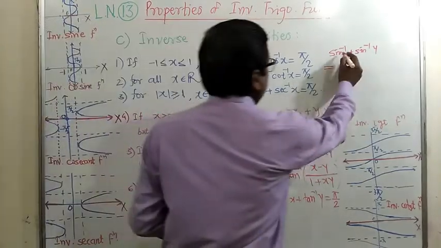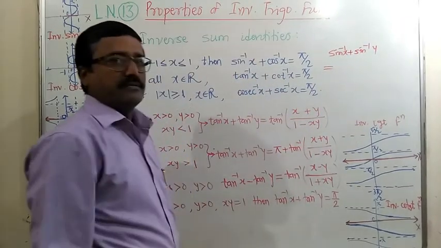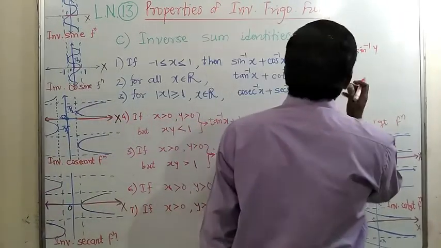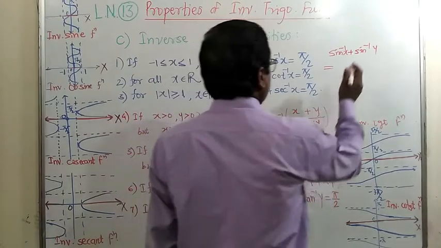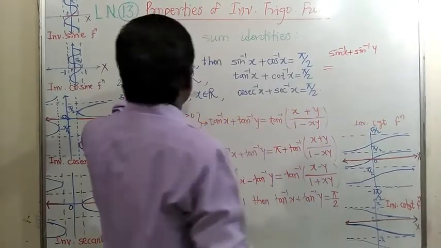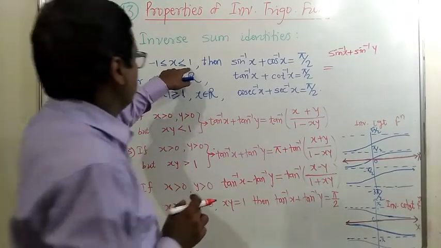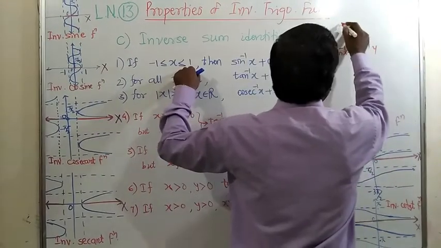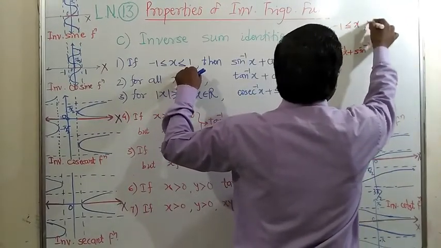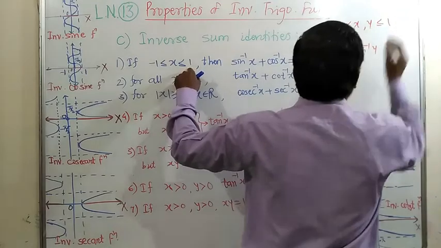Let us see one: sin inverse x plus sin inverse of y. In this case, x and y belong to -1 to +1, meaning -1 is less than or equal to x, y, which is less than or equal to 1.